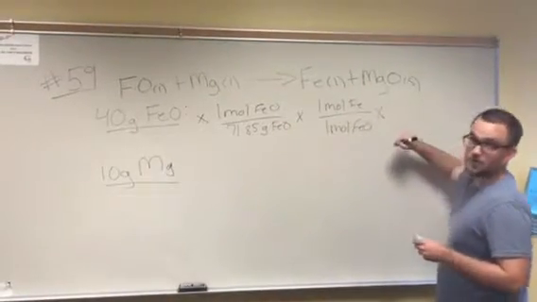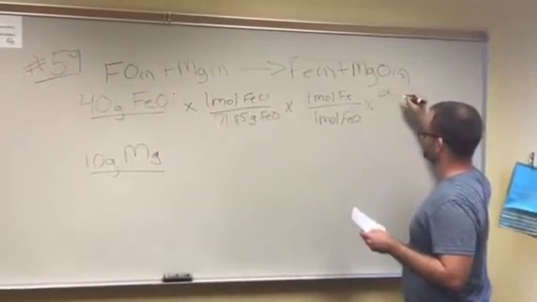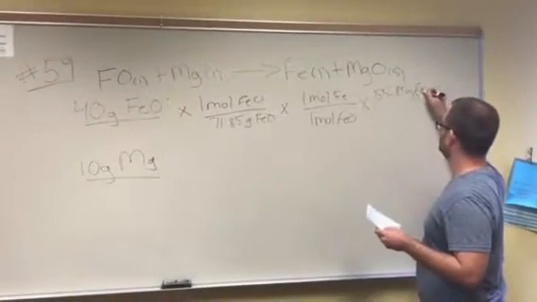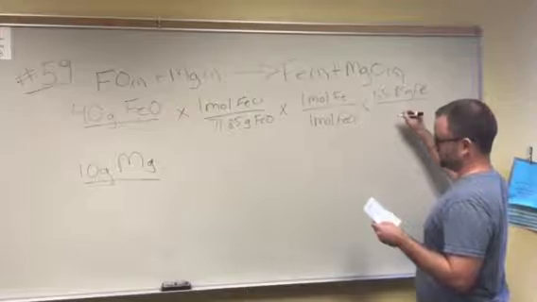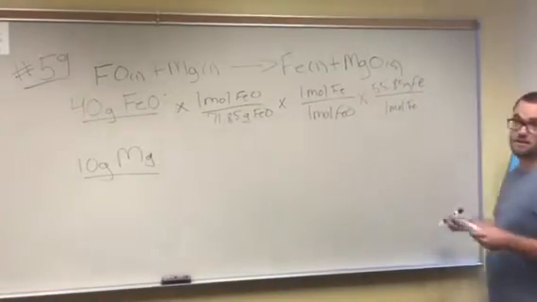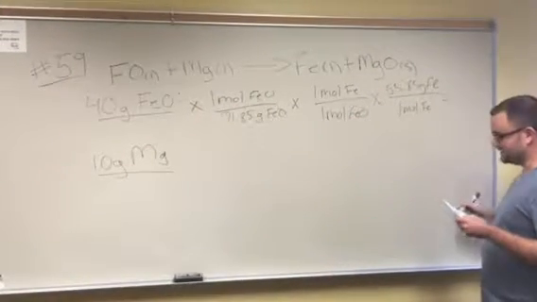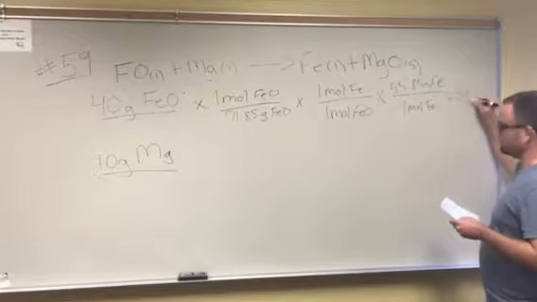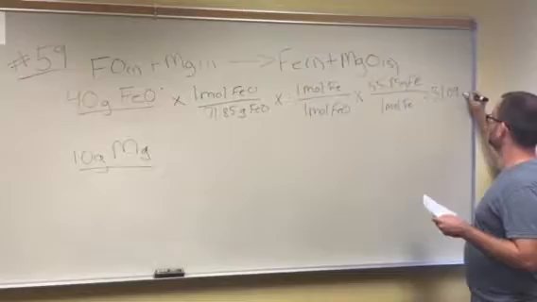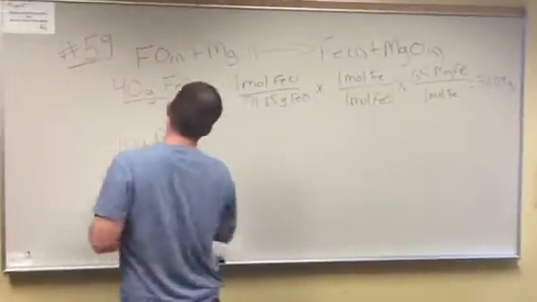And then we're going to figure out the grams, how much a mole of iron is. And that unit equation is going to be 55.85 grams of iron over 1 mole of iron, since the molar mass of iron is 55.85. When you put all that in your calculator, you come out to 31.09. So that's how much 40 grams of FeO can produce.